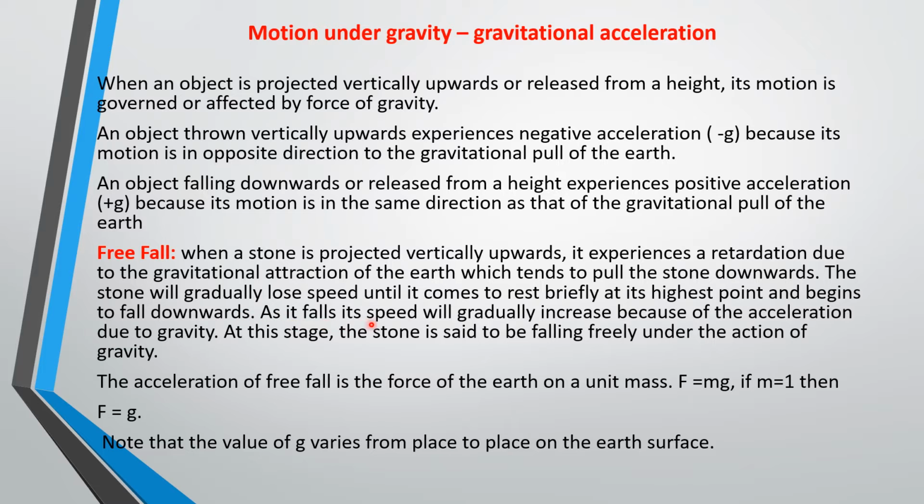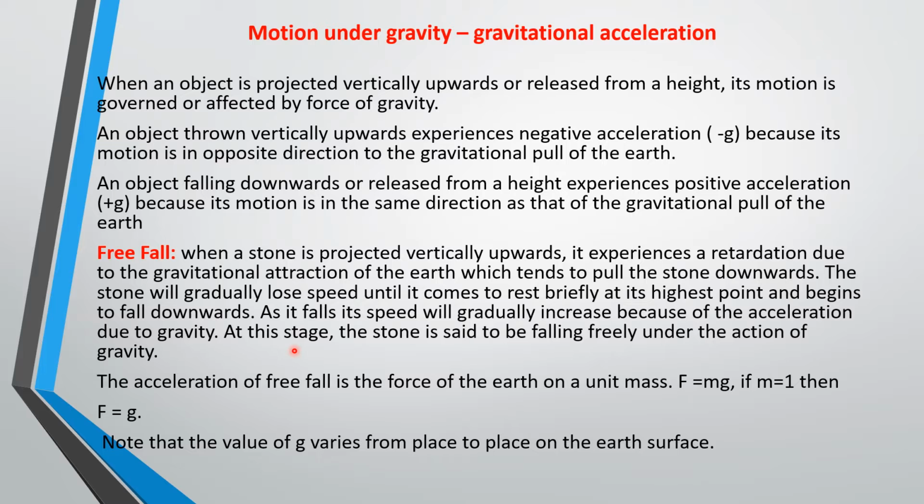As it falls, its speed will gradually increase because of the acceleration due to gravity. At this stage, the body is said to be falling freely, or under free fall, under the action of gravity.